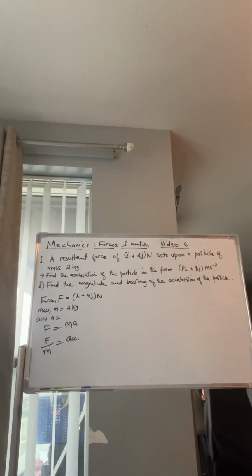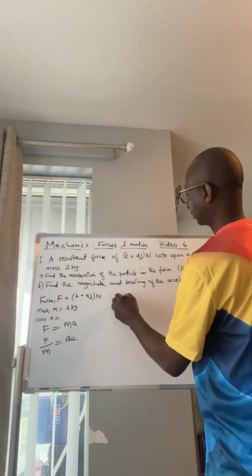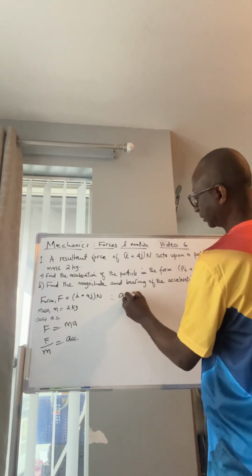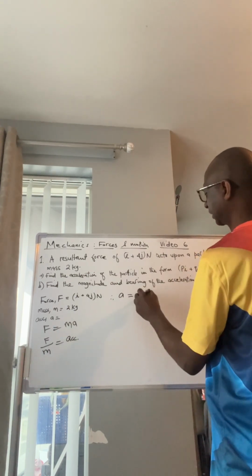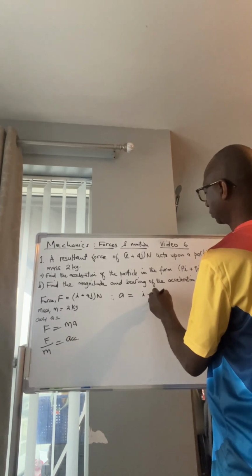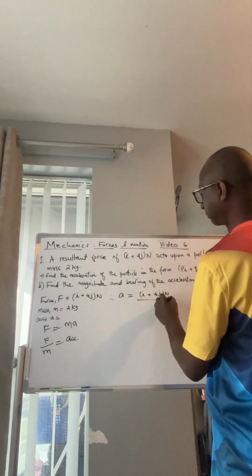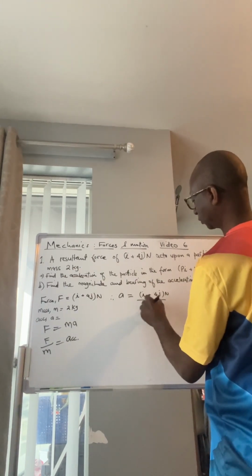So what is our force? The acceleration A is equal to, taking it from here, the force, which is i plus 4j newtons, divided by our mass, which is 2 kilograms, which is 2.